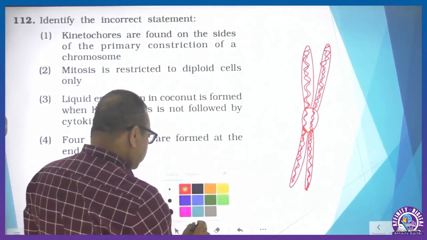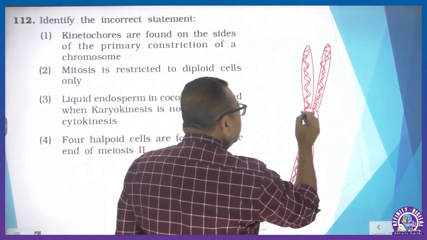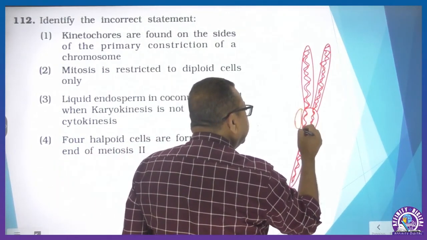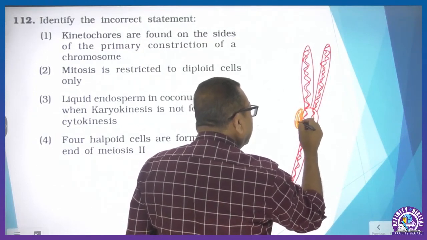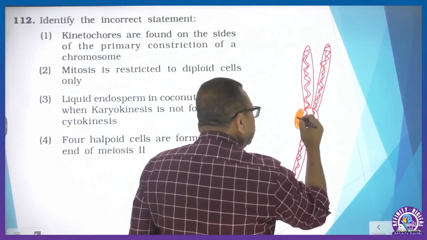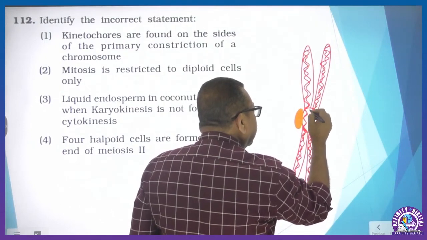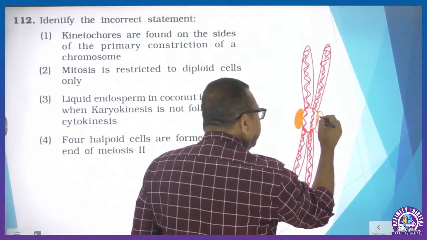And on both sides of the centromere, centromere is also called primary constriction. सब क्रोमोसोम में सेंट्रोमियर होता है. सेंट्रोमियर का दूसरा नाम क्या है? प्राइमरी कॉन्स्ट्रिक्शन.